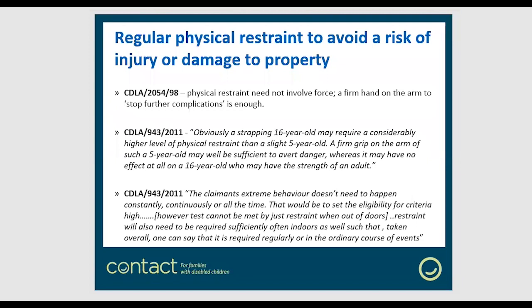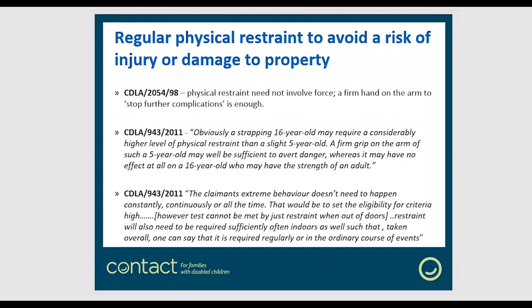In a decision 943 of 2011, what the judge said in that case was that what restraint looks like is going to vary depending on the circumstances and depending on the child.